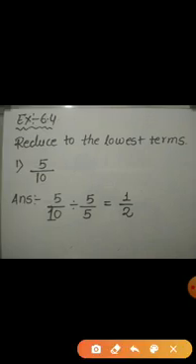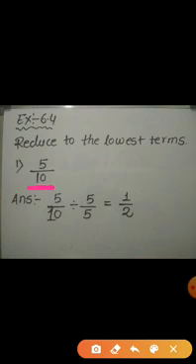Students, now I am going to discuss question number D, reduce to the lowest term. In this question, some fractions are given and we are asked to reduce these fractions to their lowest term. To reduce the fraction to its lowest term, we need to divide both numerator and denominator by their common factor. Now, what is the common factor of 5 and 10?